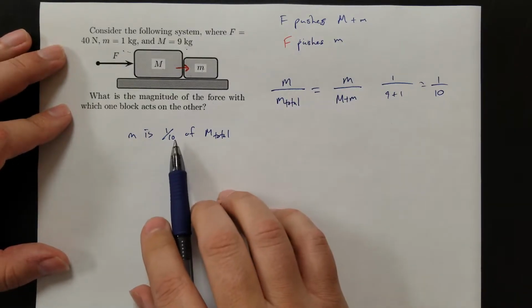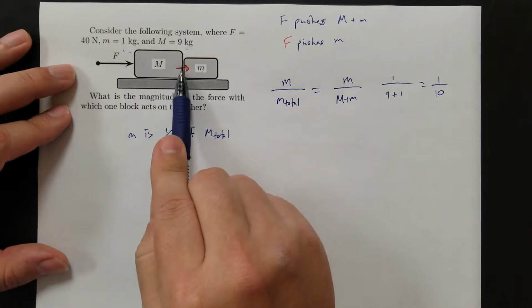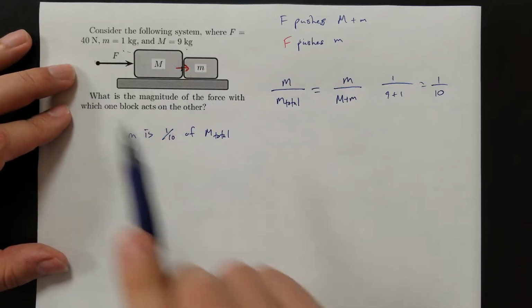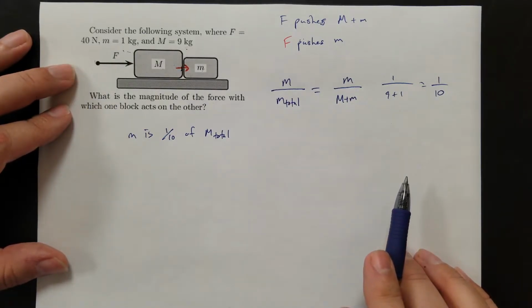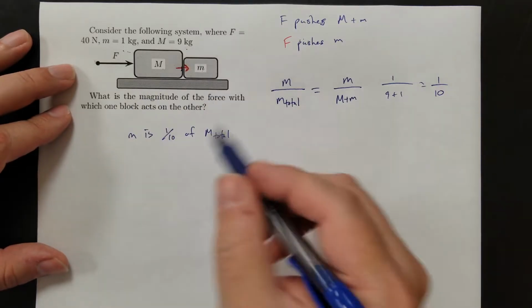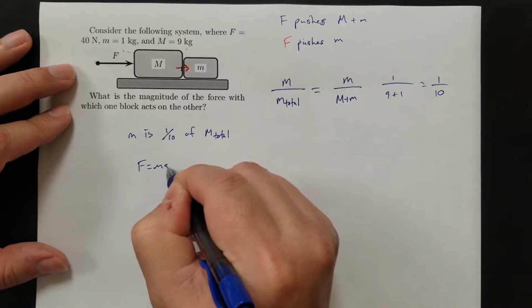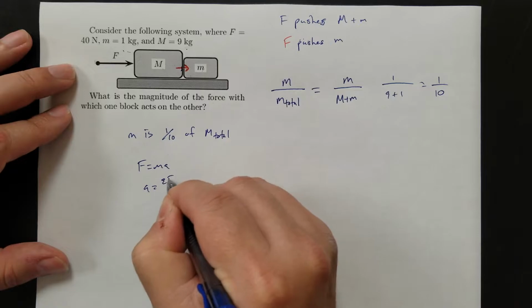That means my little force is going to be 1/10 of my total force, right? Because these have to have the same proportion, from F equals ma, or a equals net force over mass.